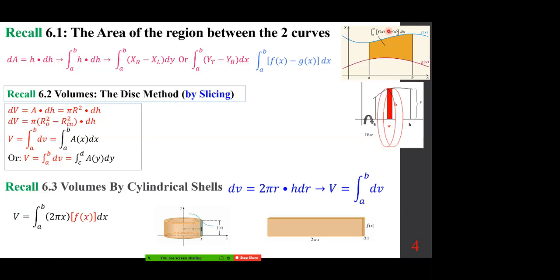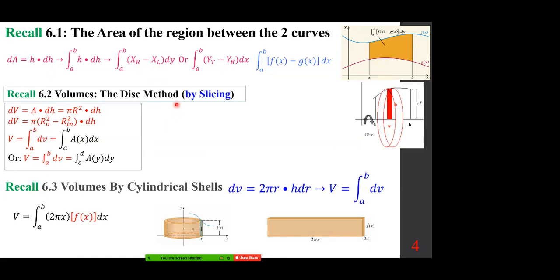You draw an increment, either a vertical strip or a horizontal strip. You find the height, you find the width, which is normally dx or dy, and then the result will be the y of the top minus y of the bottom times dx, or x of the right minus x of the left times dy. That's how you get that.